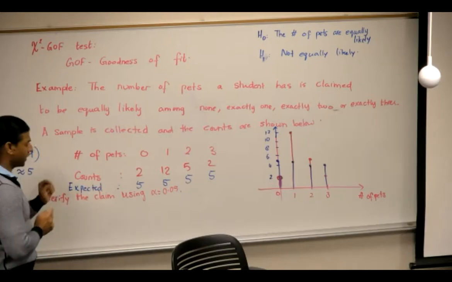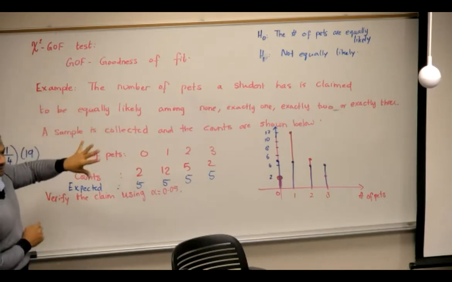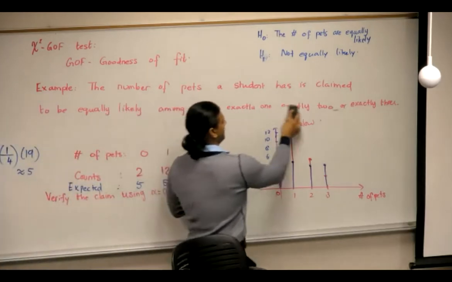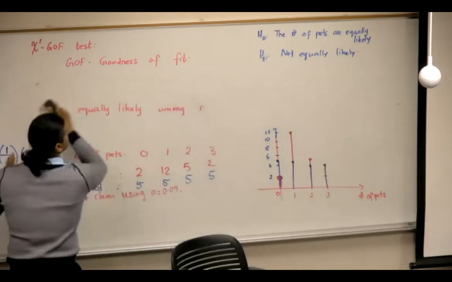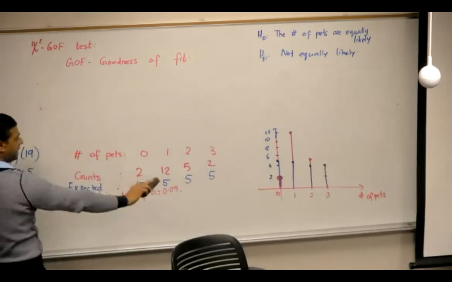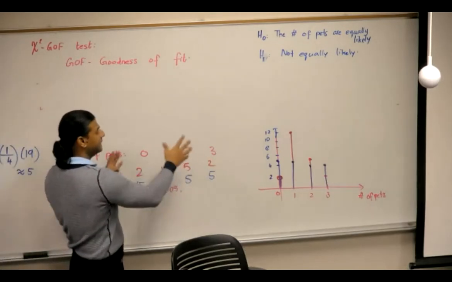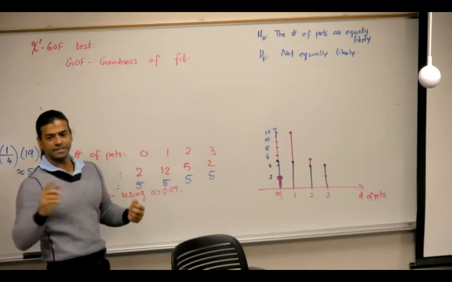So we have the O's, we have the E's. What I'm thinking is it is more likely that we are going to reject the null and conclude that the observed data doesn't fit the claim, which is why we call it goodness of fit.